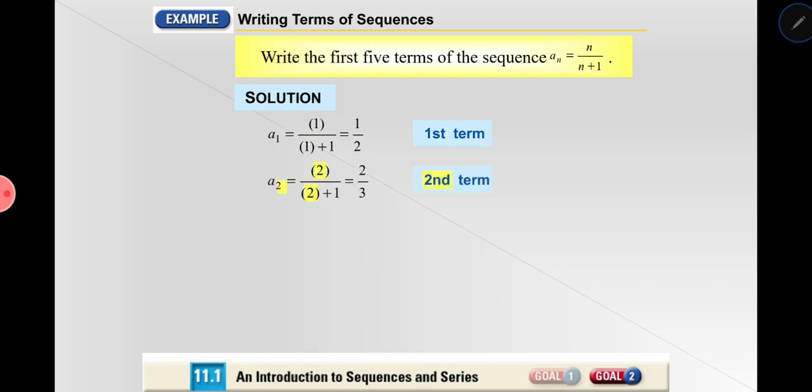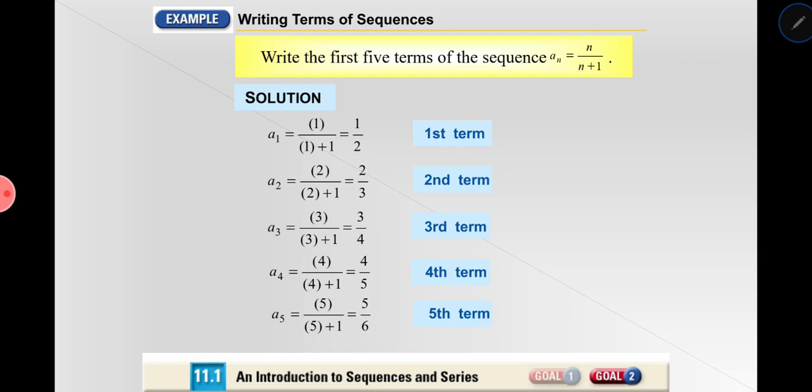Next, we substitute n be equal to 2. So we have 2 over 2 plus 1, or we have the second term, 2 thirds. And so we have the third term, 3 fourths. We have the fourth term, 4 fifths. We have the fifth term, 5 over 6.